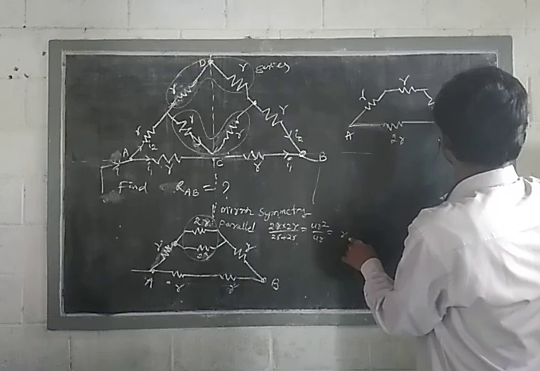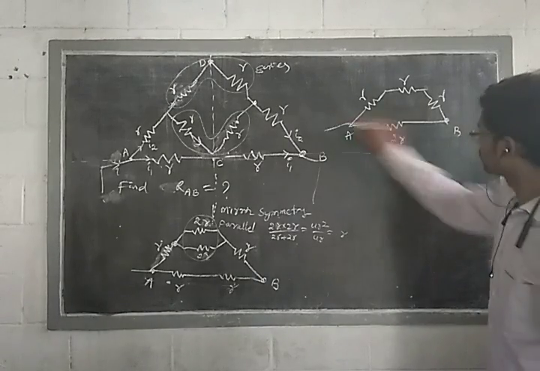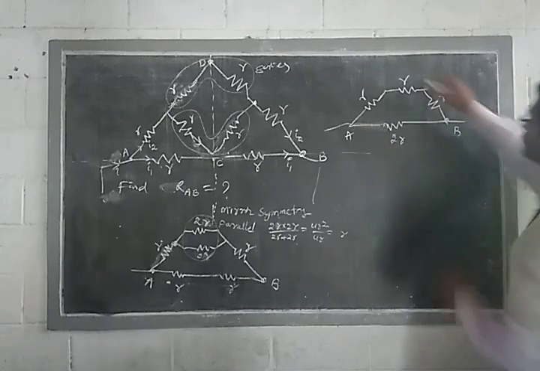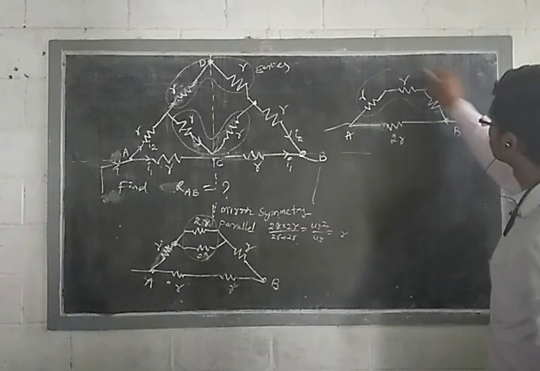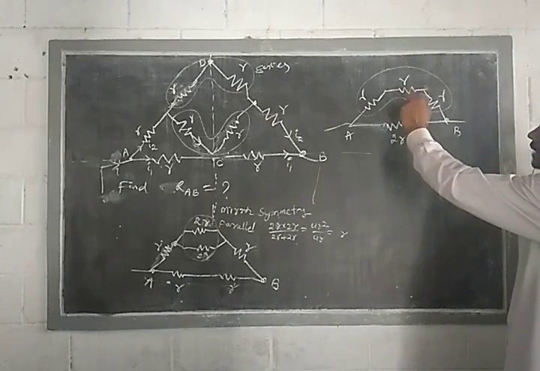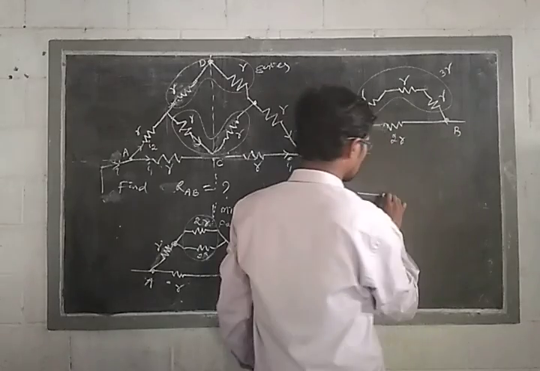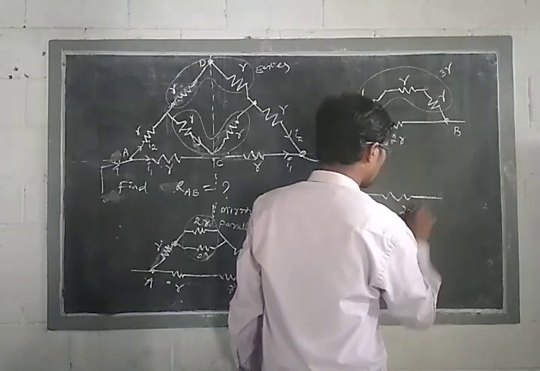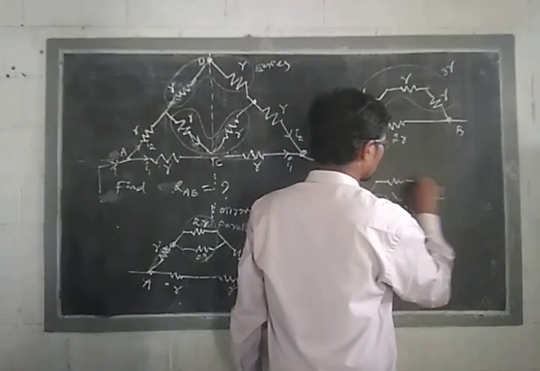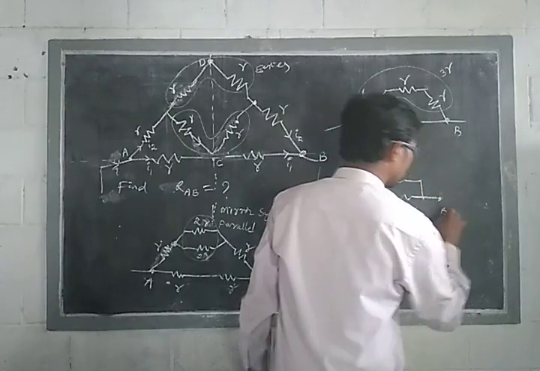Now look at this one. These three are in which combination? Series combination. So what is the resultant resistance of these three? R plus R, 3R. Now here 2R, here 3R, A and B.